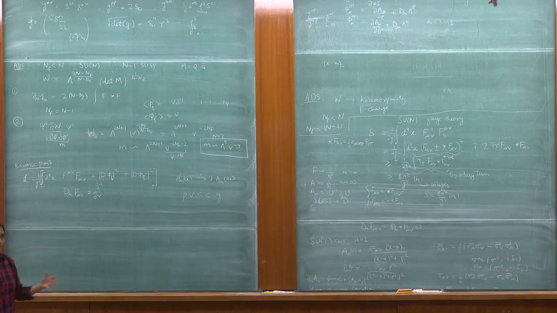Actually, there's a better method to do this, called constrained instantons. I also don't understand this very well, and time is running, so I'll skip that part.